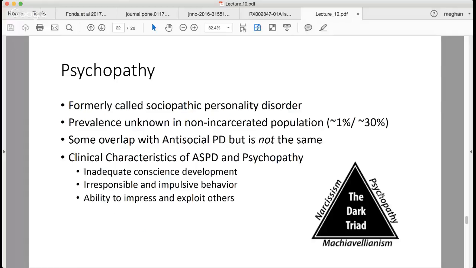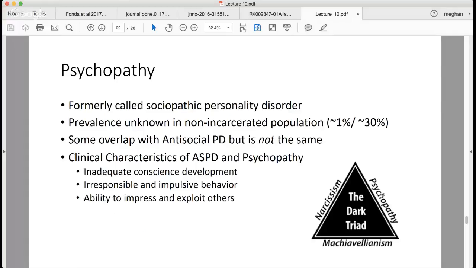It's associated with inadequate conscience development and irresponsible and impulsive behavior. Individuals with psychopathic personality traits take rather than earn what they want. They're prone to thrill-seeking and deviant and unconventional behavior. It's associated with high rates of alcohol abuse and dependence and other substance dependence disorders as a whole.